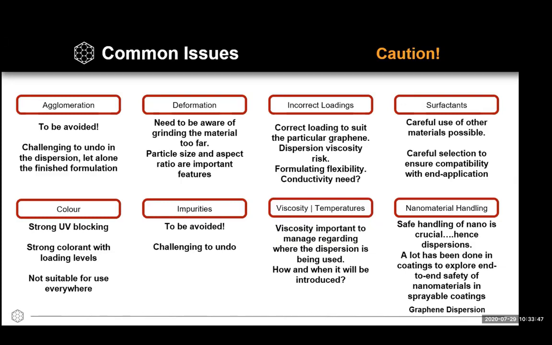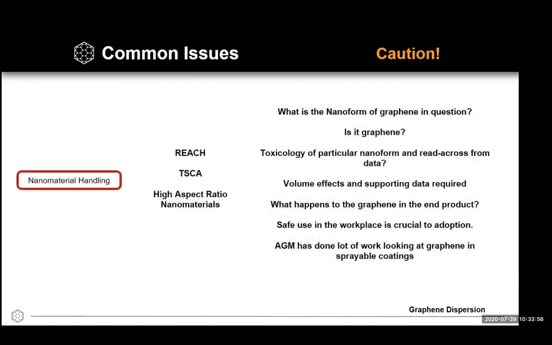A lot's been done, particularly in our work in coatings technology, not just in safe use of dispersions, but also in practical applications for sprayable coatings, whether that's aerosol or whether it's larger volume spraying. And just to touch on nanomaterial handling, whether it's REACH or TSCA accreditation, or the whole deal related to high aspect ratio nanomaterials, there are clear questions to ask. So what's the nano form of graphene in question?